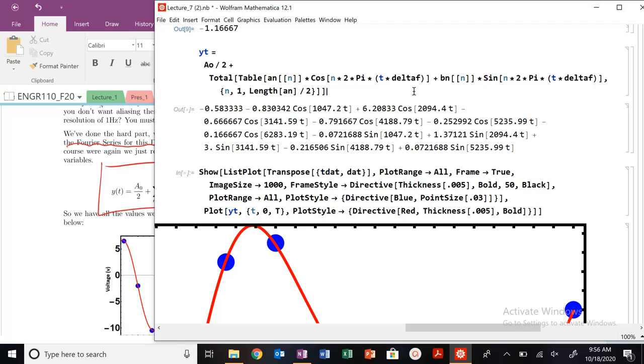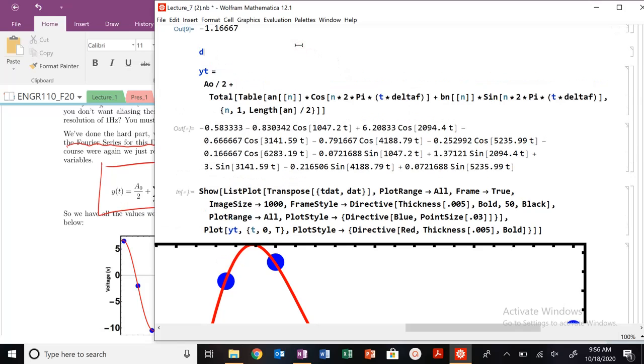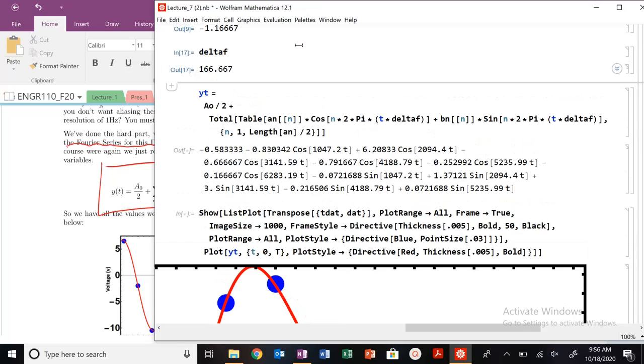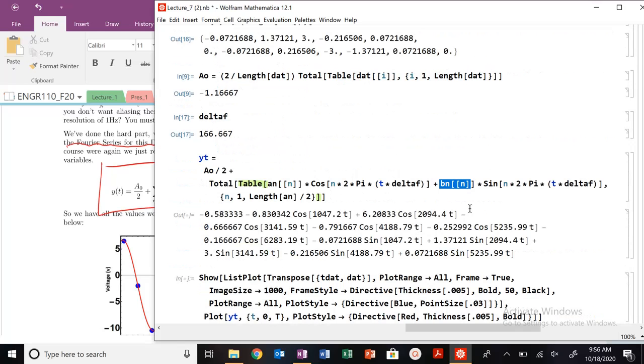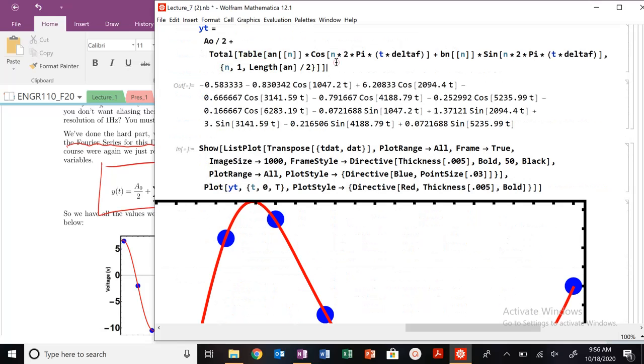I'm rewriting in terms of this function, where we know that our delta f, as we saw last time, was 166 hertz, 167 hertz, and you can confirm that. I'm taking my harmonics, pulling them out from the list, and multiplying each time by the sine and cosine respectively, and then t times these integral numbers n of delta f's. That's it. And I'm just plotting it to n over 2 harmonics.